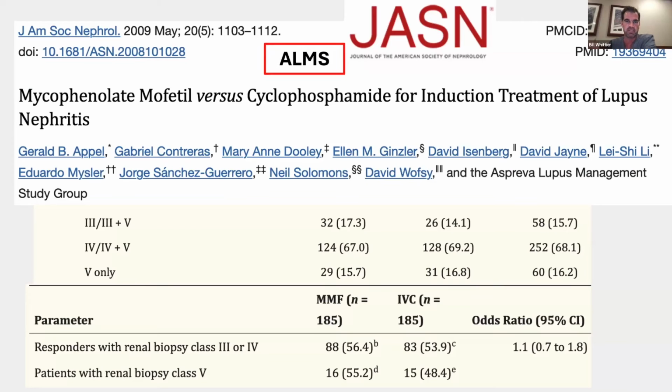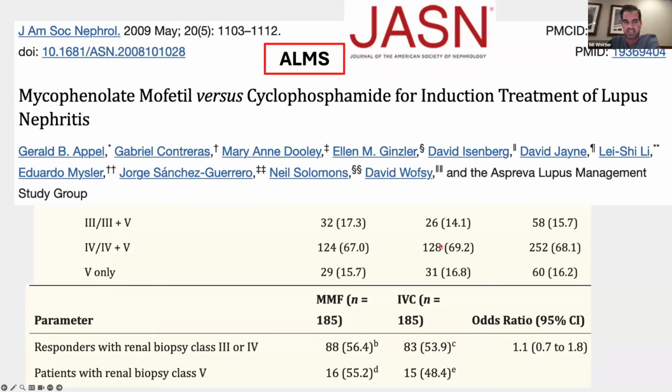But first, I just wanted to talk briefly about the treatment of membranous in the literature. And I wanted to go straight to the ALMS study, which I can't believe was back in 2009 already, such a landmark study. It looked, of course, at MMF versus cyclophosphamide for induction in lupus nephritis. And most of the patients, I just want to point out, were either class 3 with 5, or 3 and 4 with 5, or 3 and 4 alone.